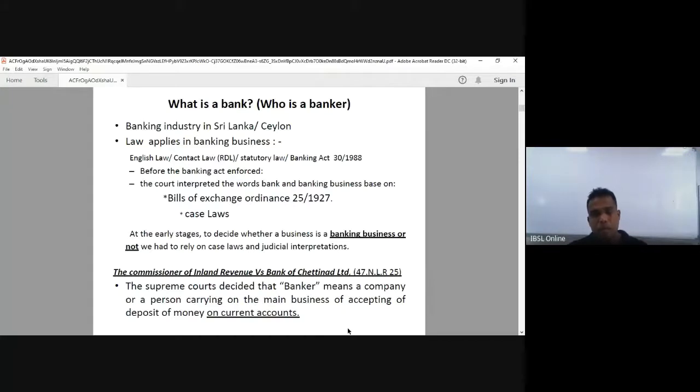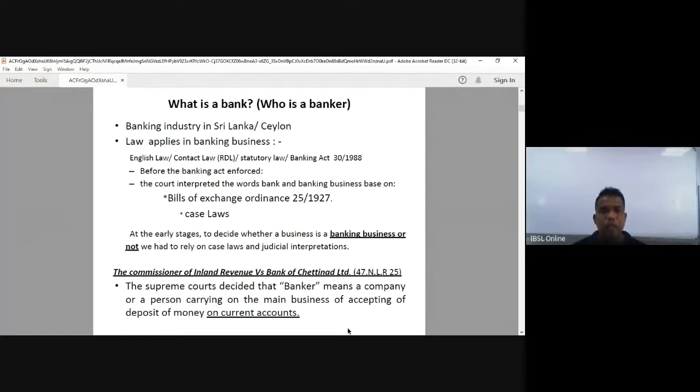So that's why I told you, even though the entire banking business is governed by English law, certain parts of transactions are governed by different laws. So Roman Dutch law, Kandyan law, Thesavalamai law, those laws also apply to banking transactions.